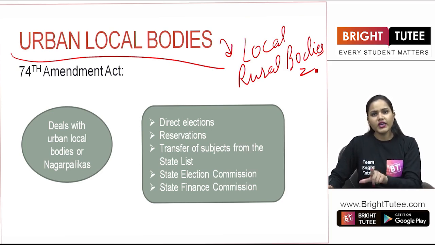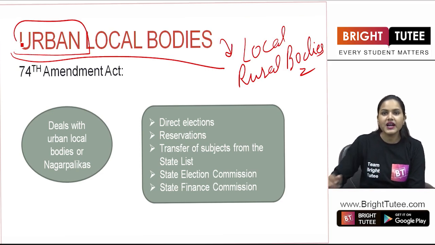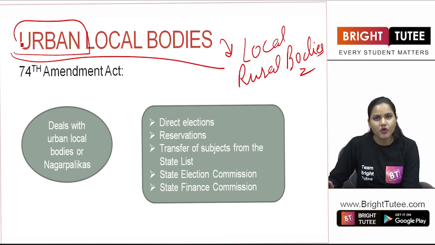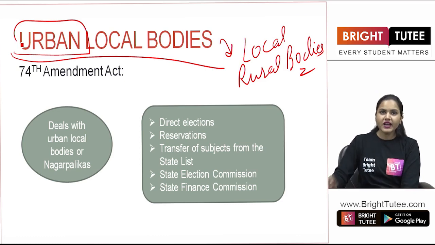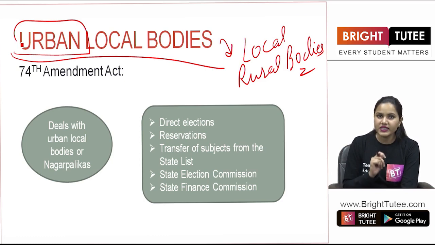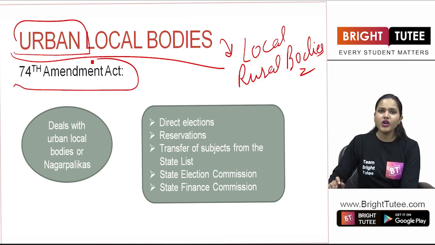Now when we are talking about the urban local bodies, you must understand the difference between the rural and the urban local bodies. We have seen that two amendment acts were passed in the year 1992. One was the 73rd Amendment Act and one was the 74th Amendment Act.